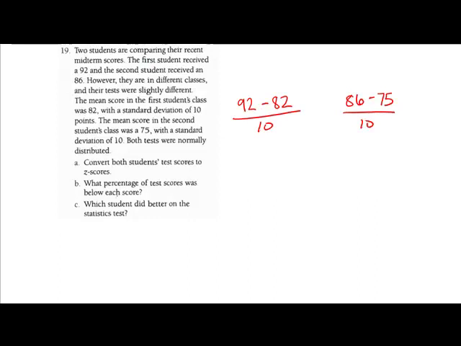Okay, A, convert both students' scores to z-scores. Not a problem. 10 divided by 10 is z equals 1.00. 86 minus 75 is 11. The z-score here equals 1.10. What percentage of test scores was below each score?